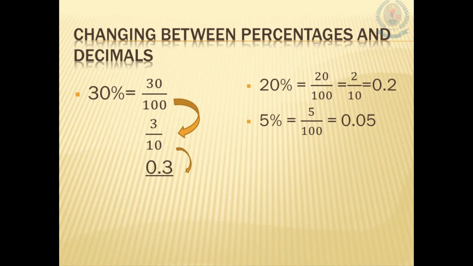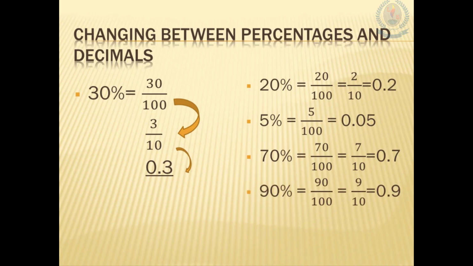You can directly write it as a decimal number, 0.05. 70%. 70% means 70 out of 100 and you can divide 70 and 100 by 10 and you can get 7 out of 10. You can write it as a decimal number, 0.7.